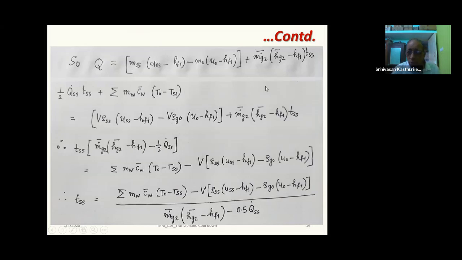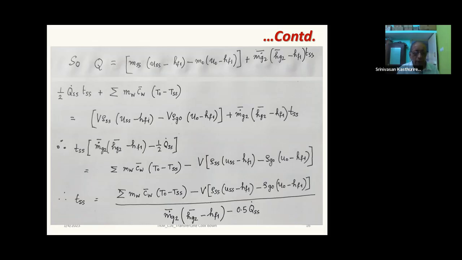We can also make one more simplification. What about M_SS? M_SS is the mass of the fluid in the steady state, which is nothing but the volume of the fluid multiplied by the density of the fluid.